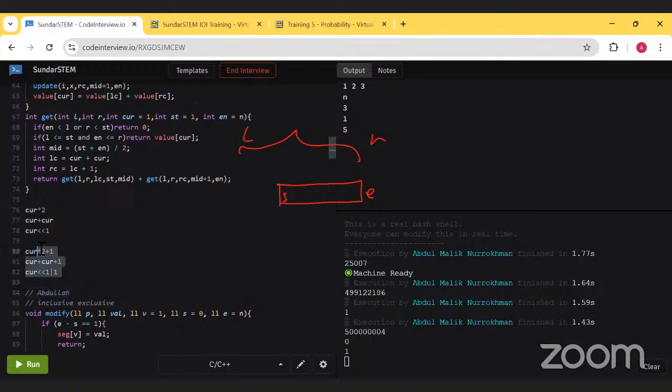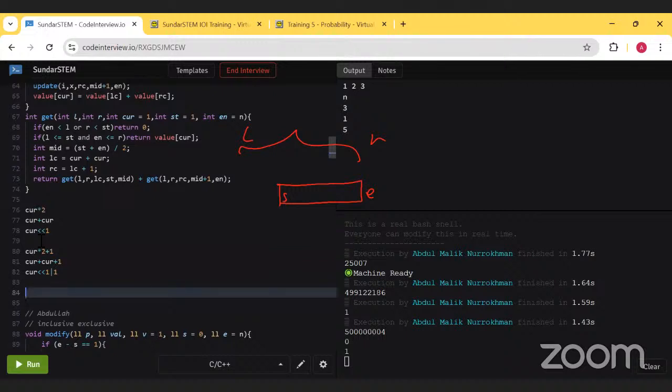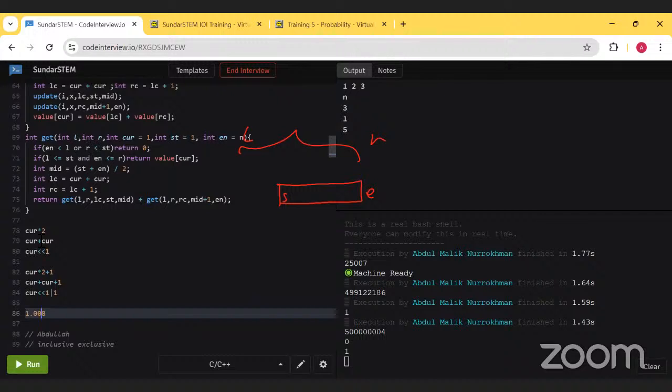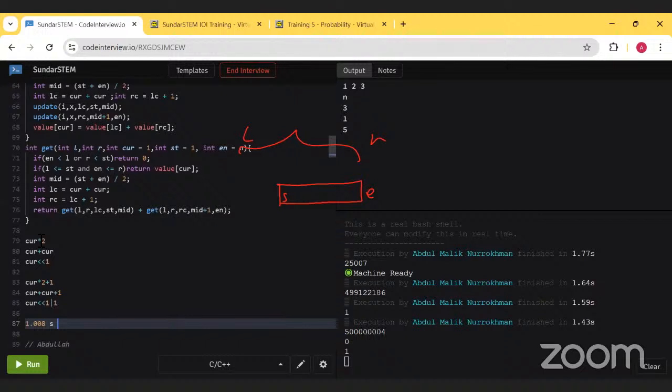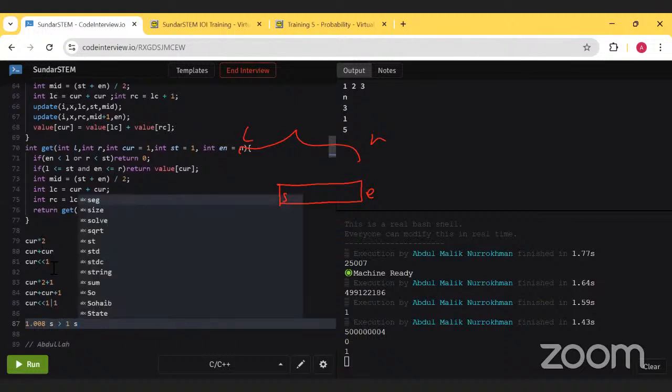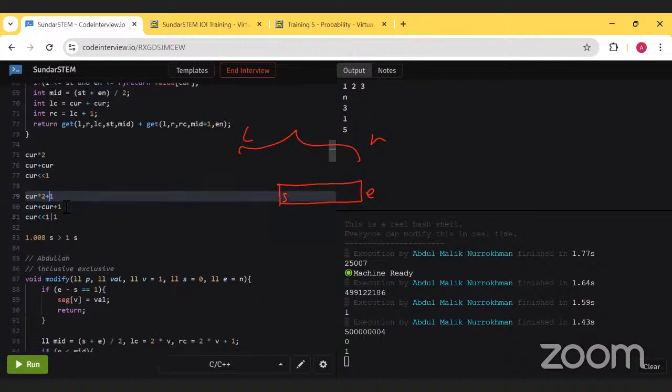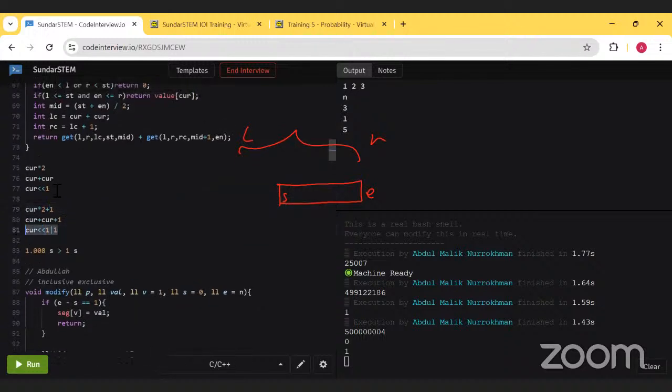This is just if we want to decrease the constant. Let's say our submission is 1 second plus 8 milliseconds. If the time limit is just 1 second, we want to decrease the constant, so we can make it like this.